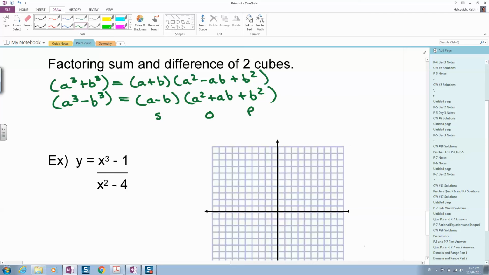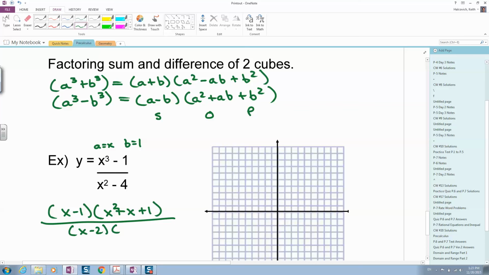So this is something that you have to remember from Algebra 2, how to factor the sum and difference of two cubes. So here, for example, x to the third minus 1. Your a term is x, your b term is 1. So when you factor it, you get x minus 1 times x squared plus x plus 1 over x minus 2 times x plus 2.